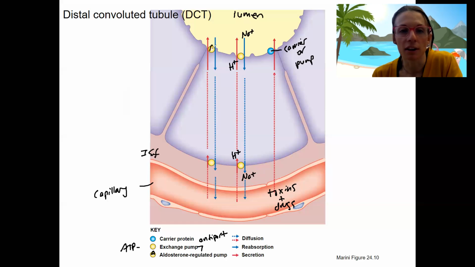Then we've got these aldosterone regulated pumps, meaning they are put into the membrane via stimulation from aldosterone. I'll show you this in the next video. But we're still going to want to be reabsorbing sodium, secreting potassium. Aldosterone regulated pumps are exchanging potassium and sodium.